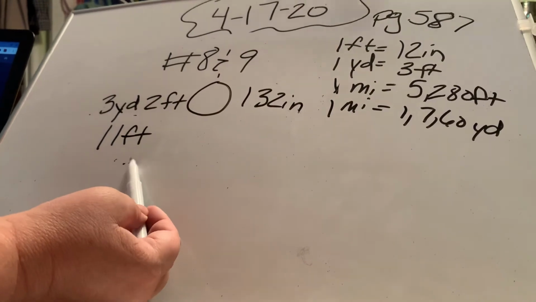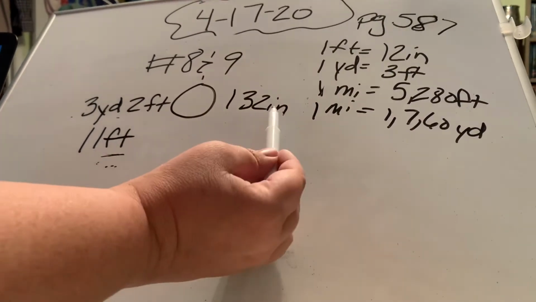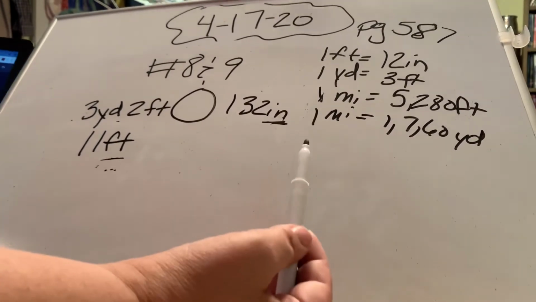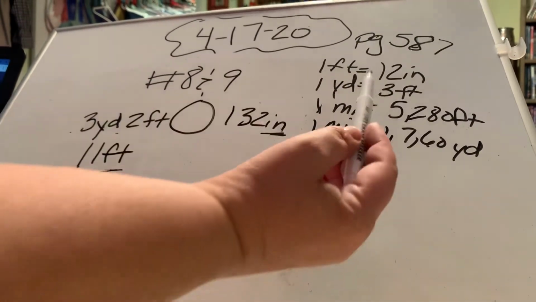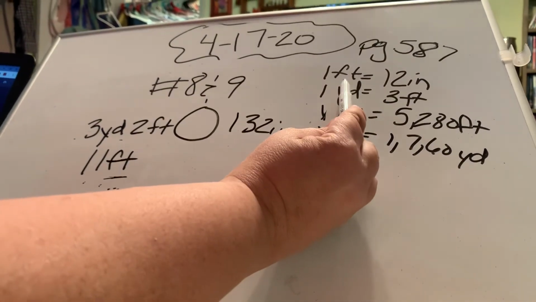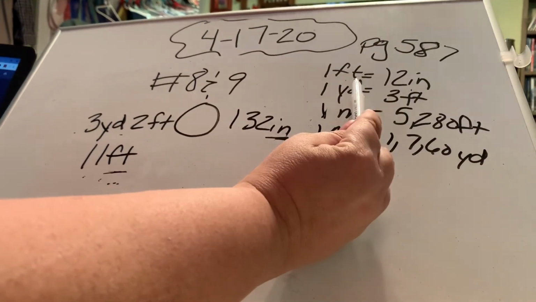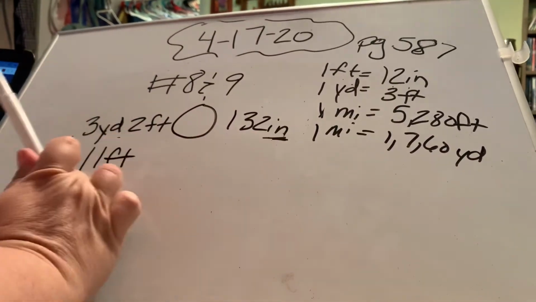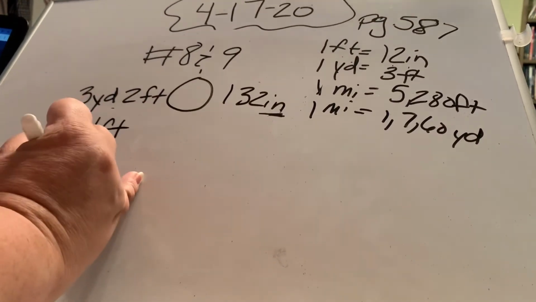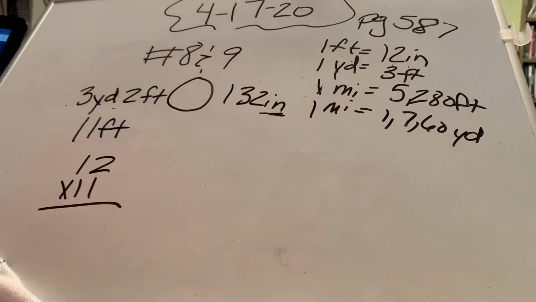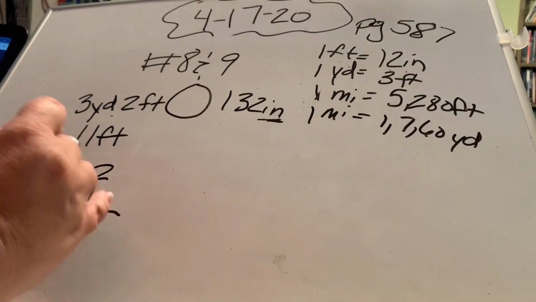But we're still not done yet because this is in feet, this is in inches, okay? So I'm going to then say, all right, 11, how do I get from feet to inches? I'm going to multiply by 12, right? So I'm going to take 12, I'm going to multiply it by 11, okay? 1 times 12 is 12.